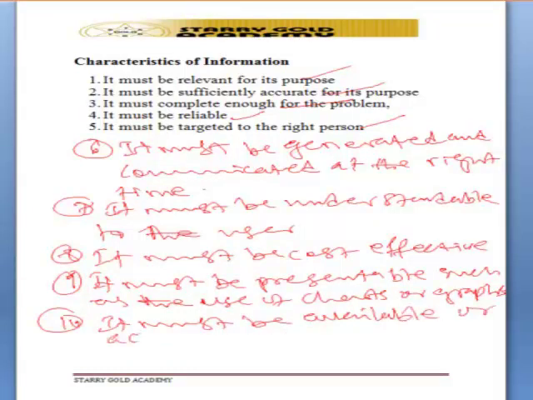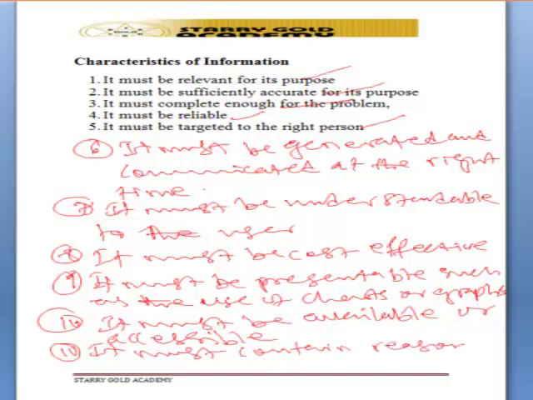That is, the users must have access to the information. Then it must contain a reasonable level of details. So these are some of the features or characteristics of good information.